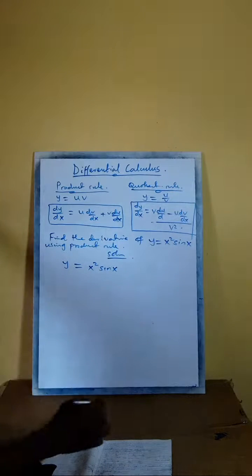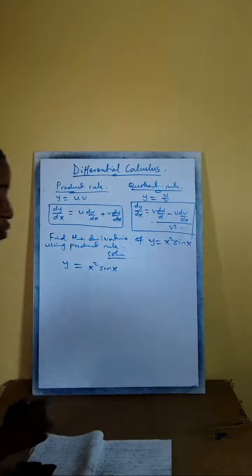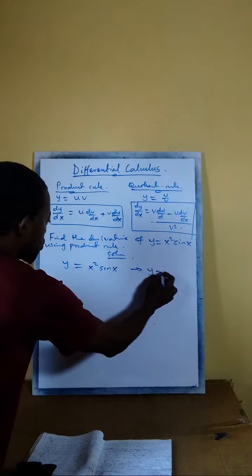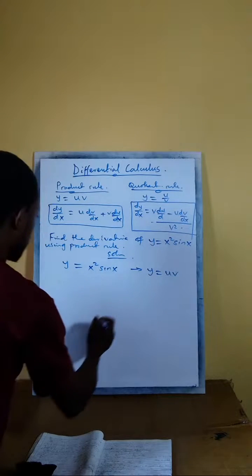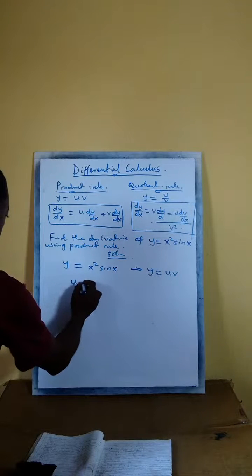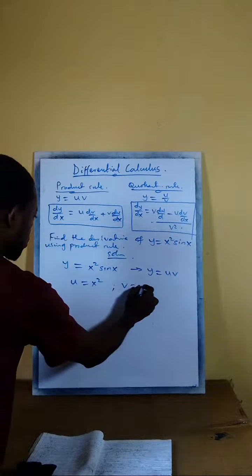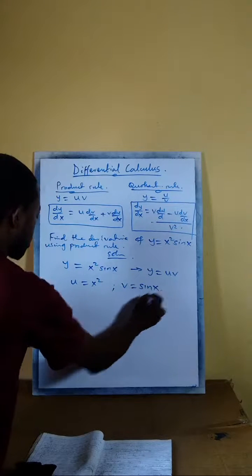Now, when we compare this with y equals uv, here u will be equal to x squared and v will be equal to sine x.